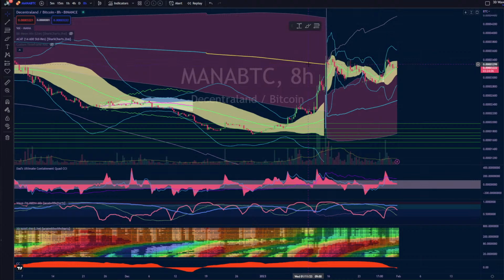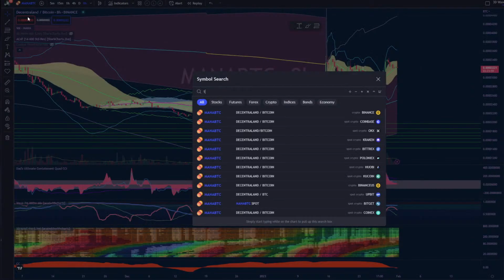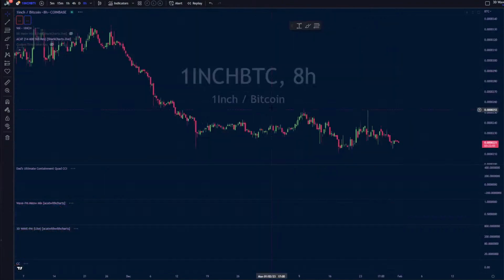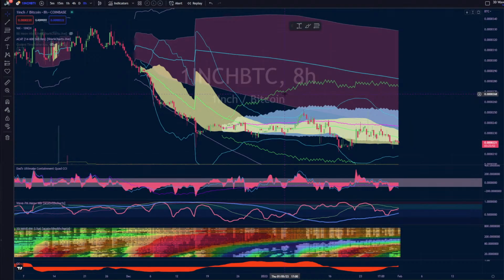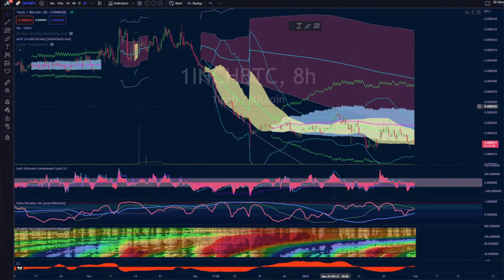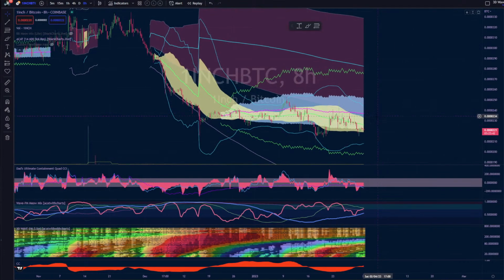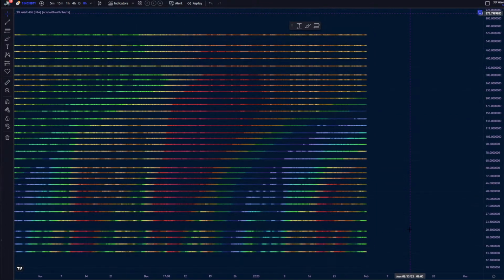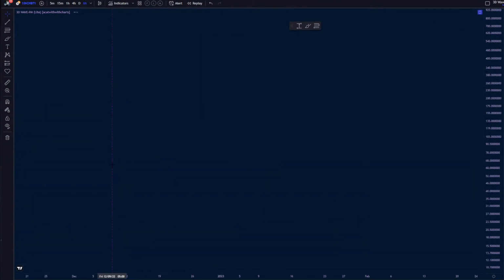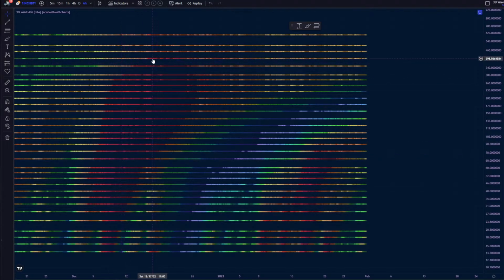Next up, let us take a look at 1 inch. Okay, active bearish trend bouncing off the locks here and here. Expiration is not yet active. If you would like to try to short this off of, hold on. That is a cloud. We need to change the resolution. There we go.